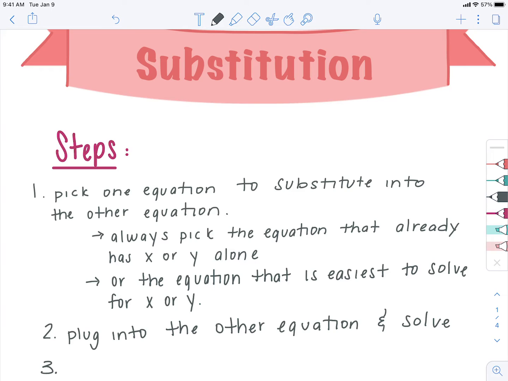And then the last thing we want to do is, once we've solved that equation, use the answer we get to solve for the other variable, because remember, we're going to have answers for x and we're going to have answers for y. So then use the answer to solve for the remaining variable.